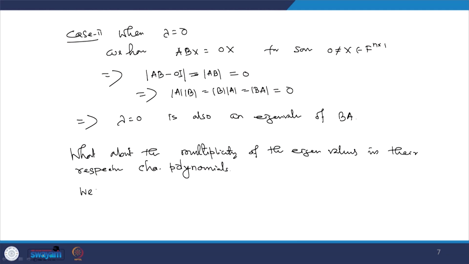We have the determinant of xI minus BA. This matrix I can write down like this, where I is the identity matrix of order n by n.